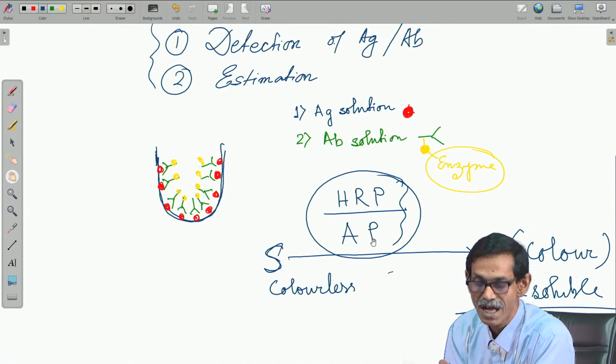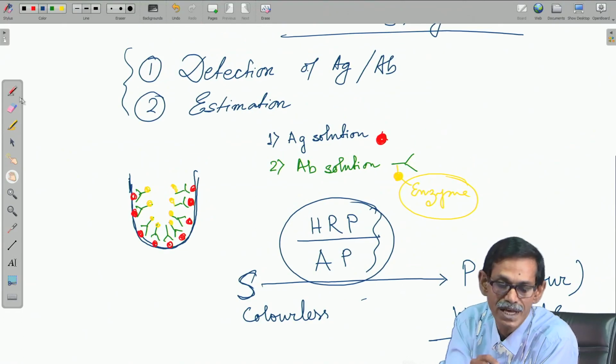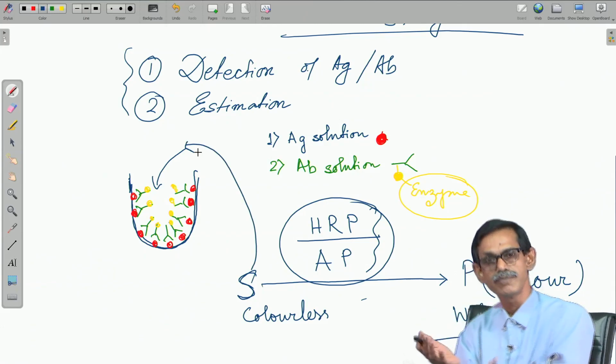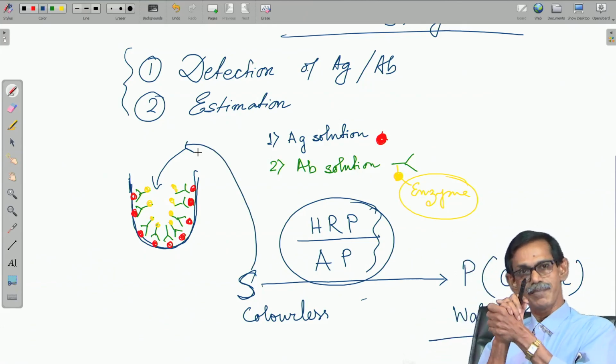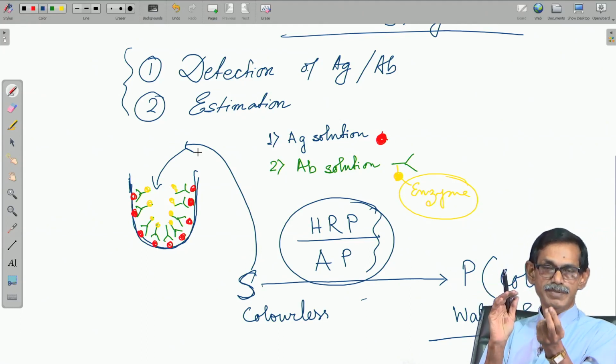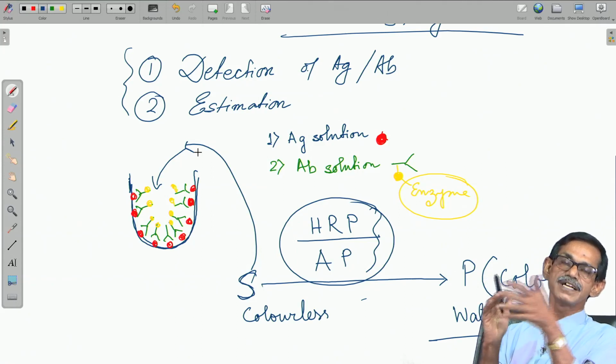Because what we do is, after adding that, we add this substrate here and incubate in solution. What will happen? After a certain time, maybe 10, 15, 20 minutes, you see the color is developed.